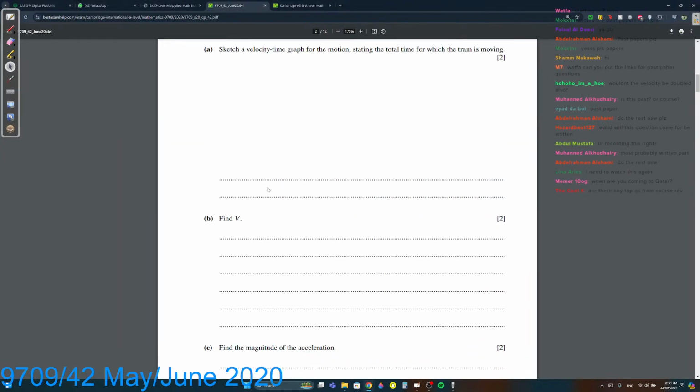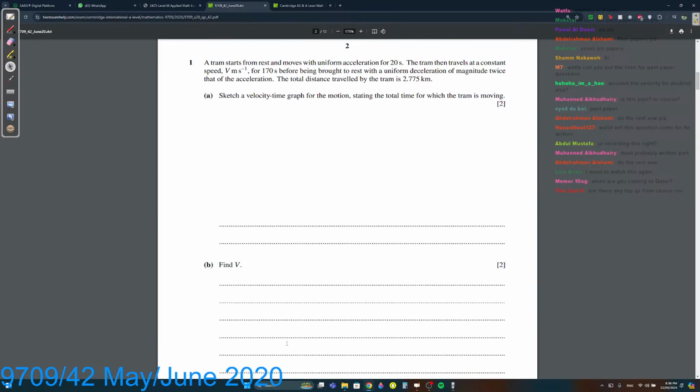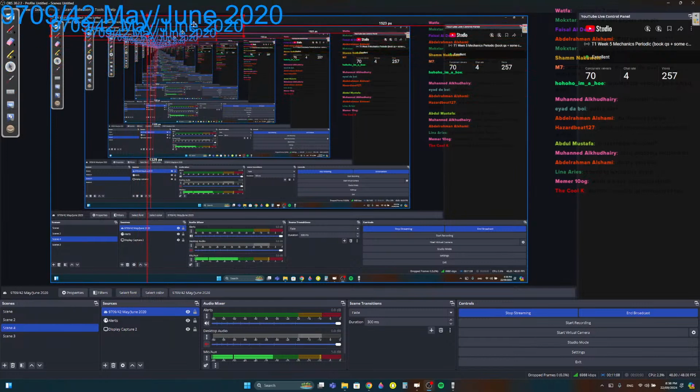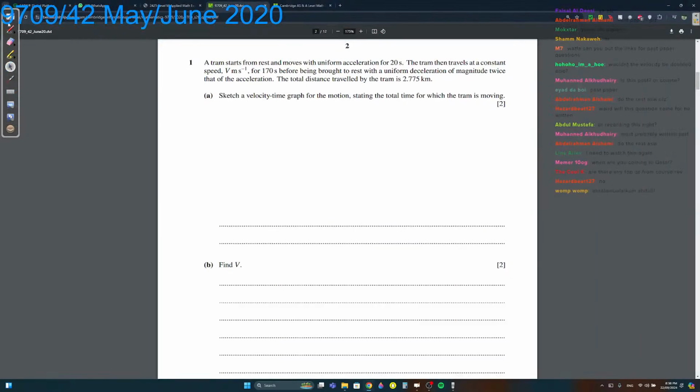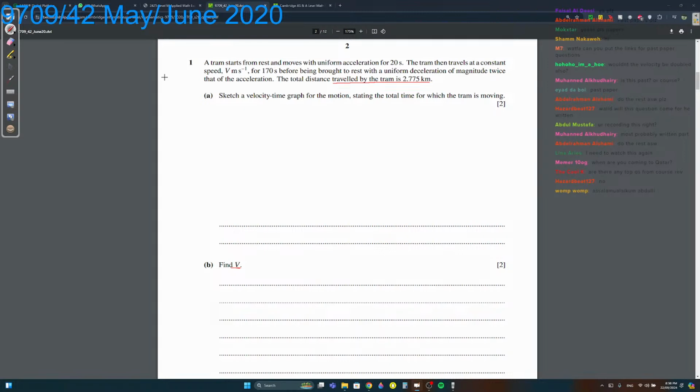Okay, now part B, they're saying find V. For part B, I'm going to move this up because I think it's better. They said that the total distance traveled by the train is 2.775 kilometers. From this graph, how can I get this graph on my screen? I'll draw it again, quickly.